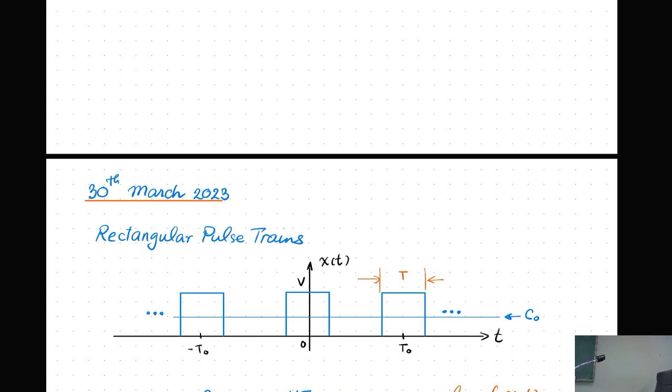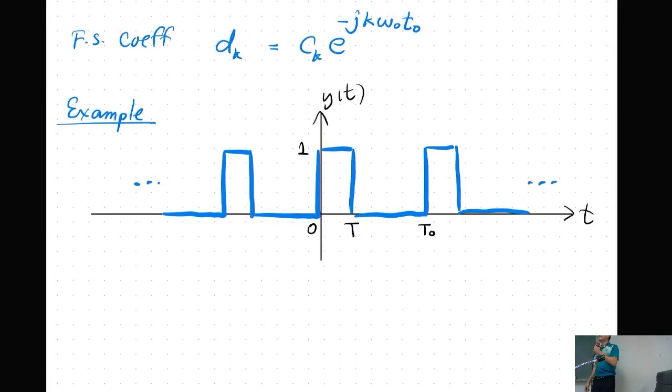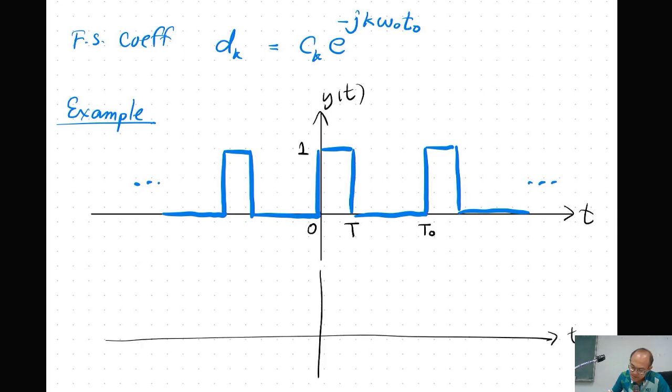If you shift it to the right by T over 2, you're going to get this one. I'm just going to write x here. Okay, x would be this.